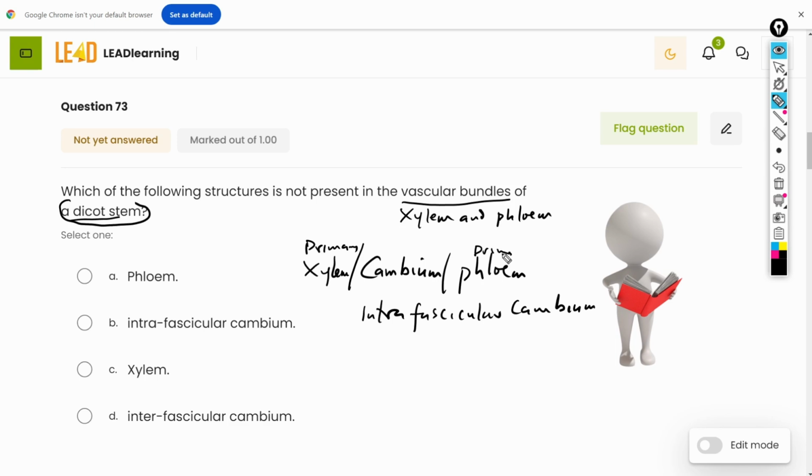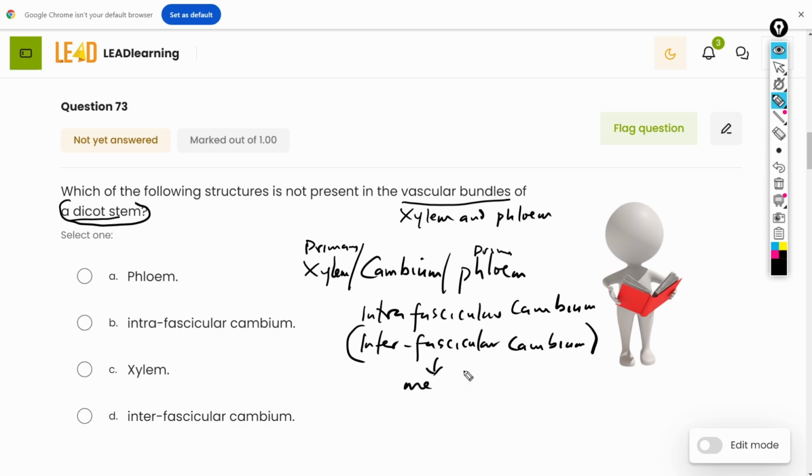Now, the interesting thing here that differentiates the intrafascicular cambium from the interfascicular cambium is the fact that the interfascicular cambium here, it's also found in between xylem and phloem, but it forms medullary rays, what we call medullary rays.